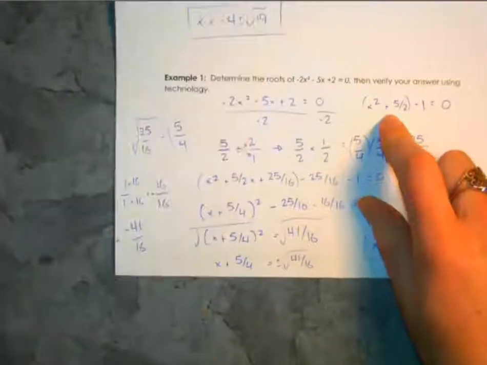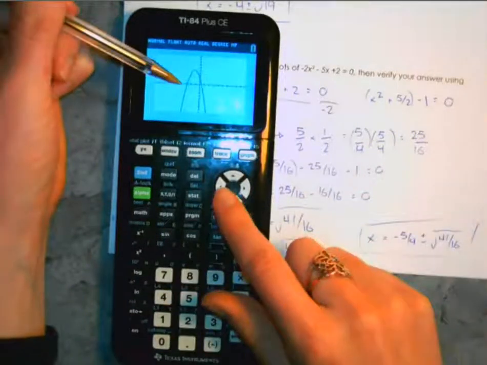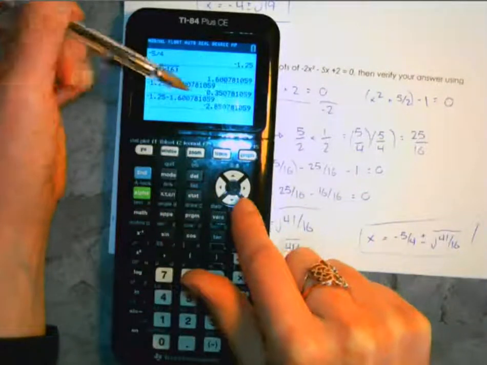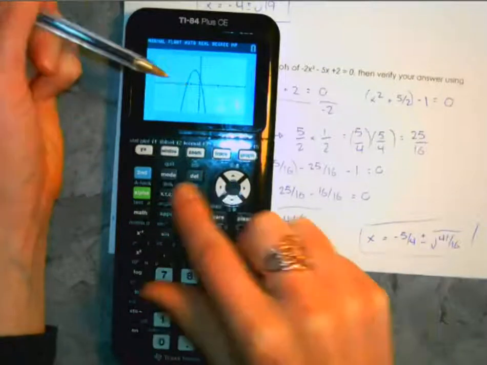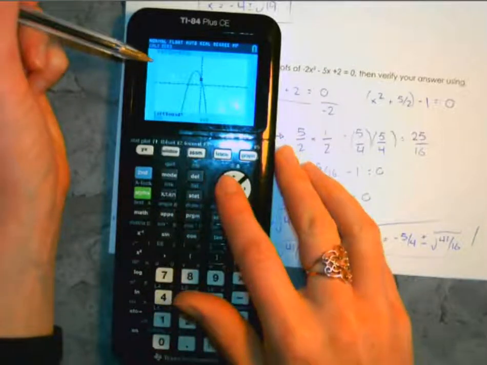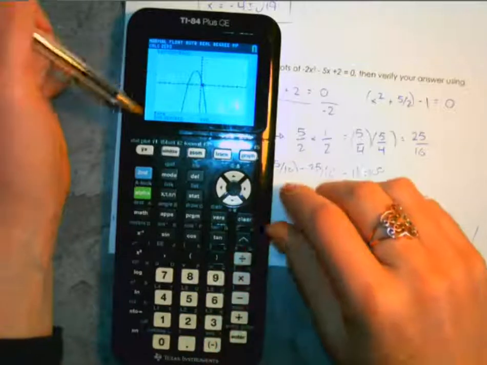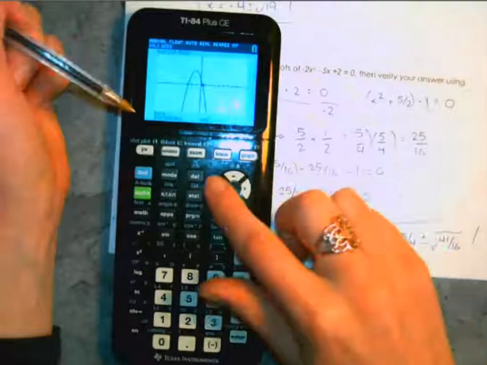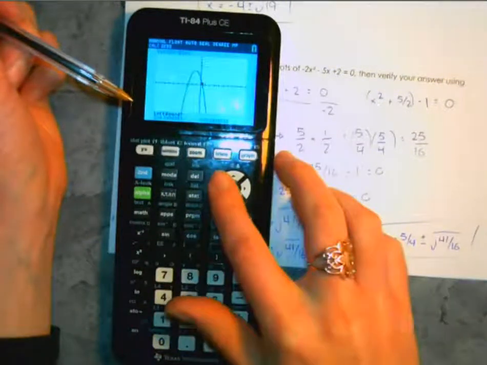We had negative 2.8 and 0.35. It looks like that's going to be right, but let's just do a quick trace to make sure. So 0, left bound, right bound, guess. 0.35, so that one's good. And then do the same thing for the other side.